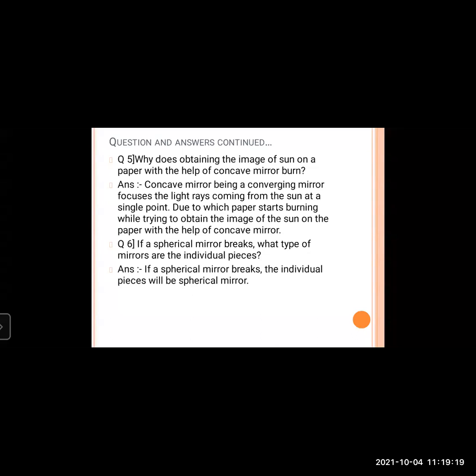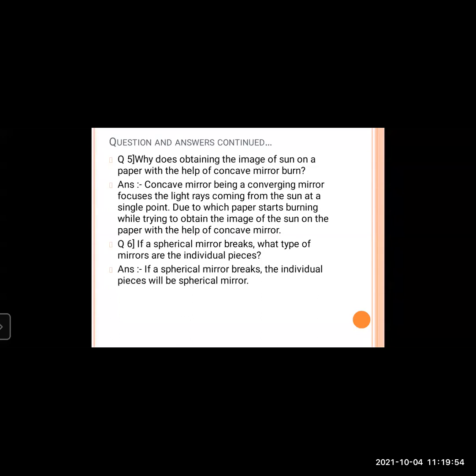This phenomenon of converging of the sun's rays at a single point causes the paper to burn.